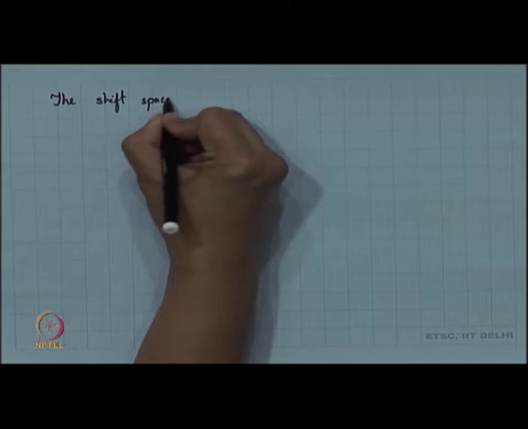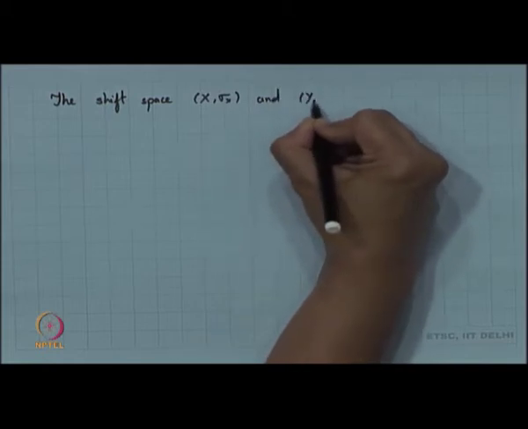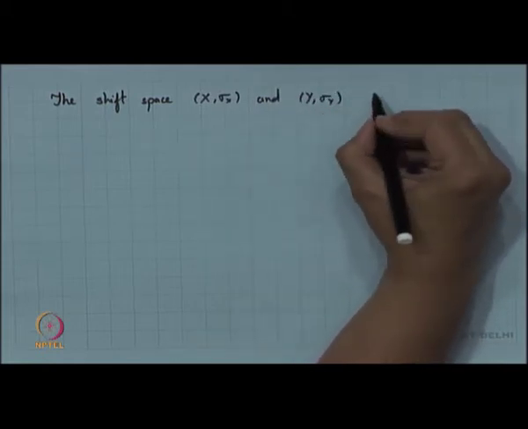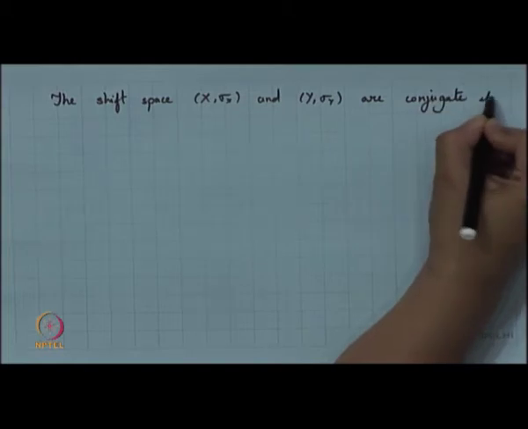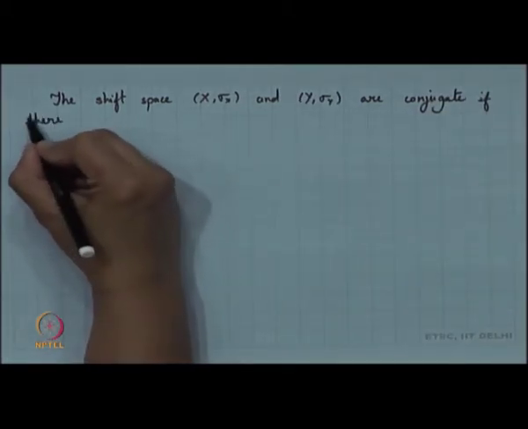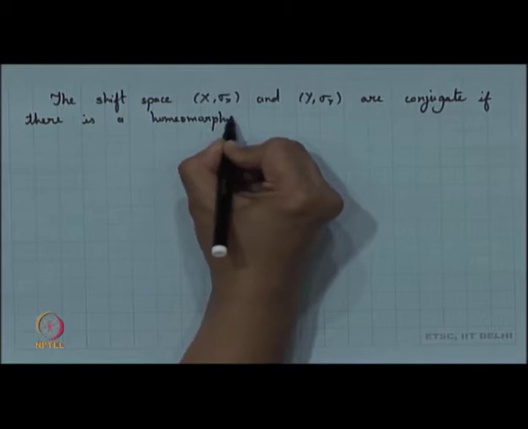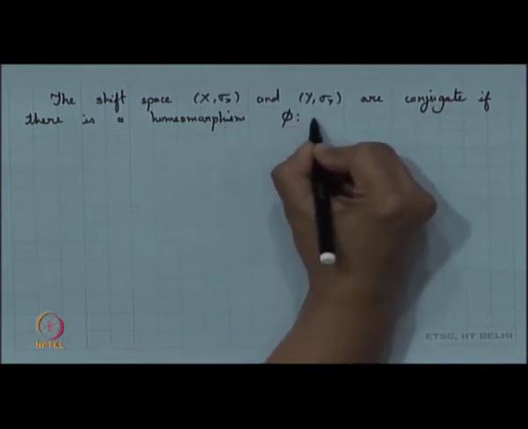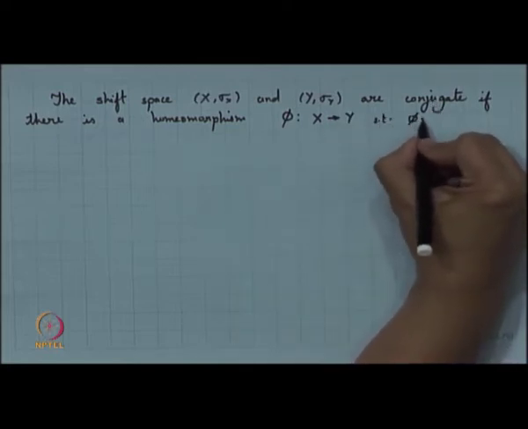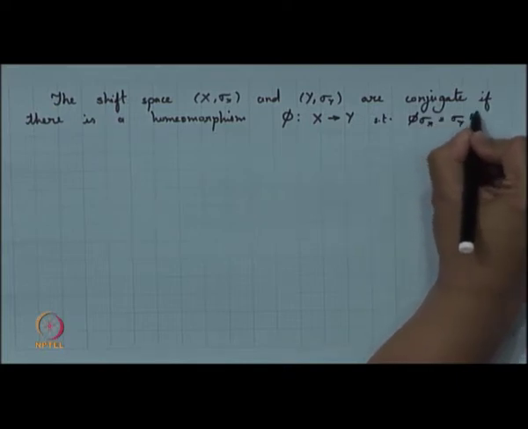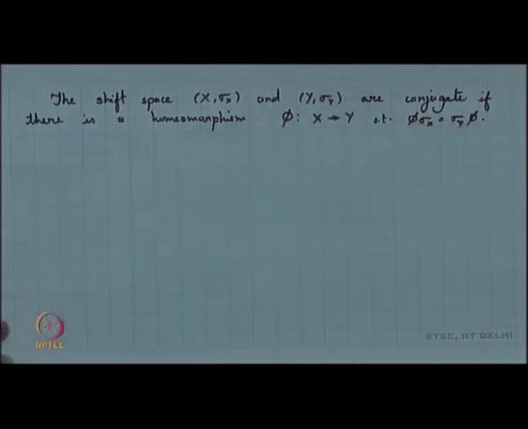So, the shift spaces are conjugate if there is a homeomorphism, say phi from X to Y, such that phi of sigma_X is the same as sigma_Y phi, it intertwines the action of sigma_X and sigma_Y, then we say that this happens to be topologically conjugate.